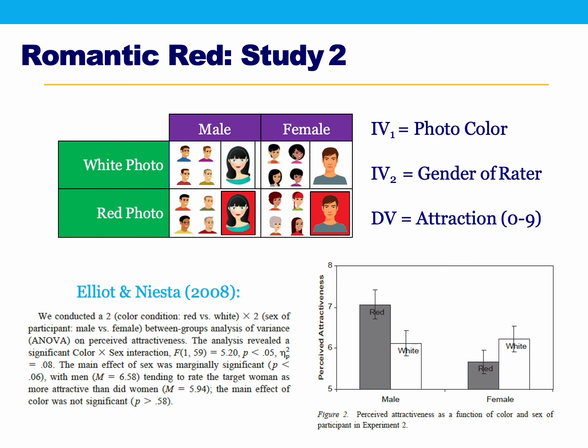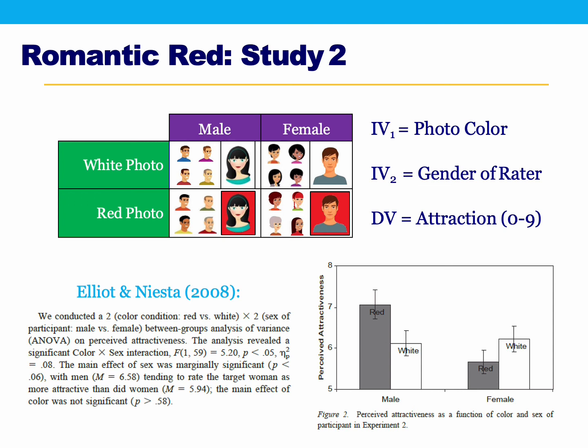Okay? So on the x-axis, we have the rater, whether they're male or female. And then on the y-axis, we have perceived attractiveness. Okay? And again, what we're looking for whenever we are looking for the presence of an interaction is whether the effect of one independent variable differs depending on the level of the other independent variable.